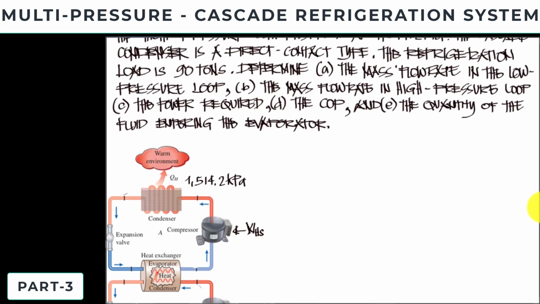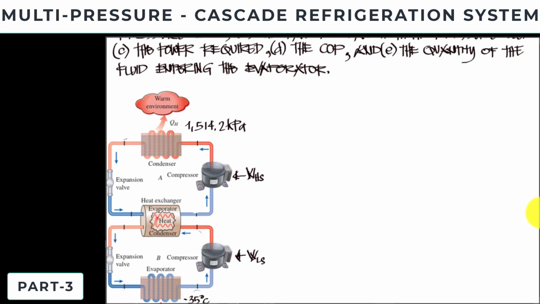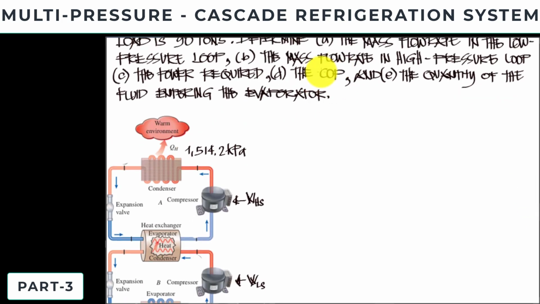And then the COP, the coefficient of performance, is also asked. The equation is the refrigerating effect, or useful cooling, divided by the compressor's work. So we combine those. And then the quantity of the fluid entering the evaporator.